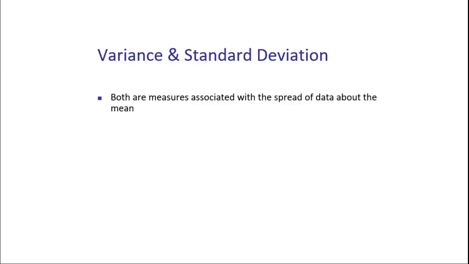Then we have variance and standard deviation. Both are measures associated with the spread of the data about the mean. So now we're talking about how the data is spread around the mean. Variance is a measure in square units. Remember, SS divided by n.